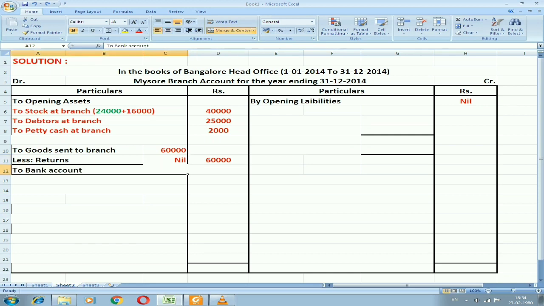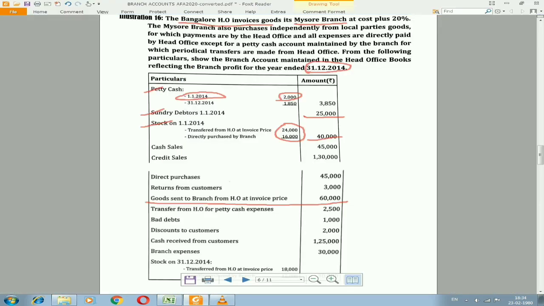Next we need to record the bank account. Remember, this is the account where we record whatever expenditure is made by the branch. For that the head office will give money, and that we need to record. In the illustration you can see transfer from head office for petty cash expense.